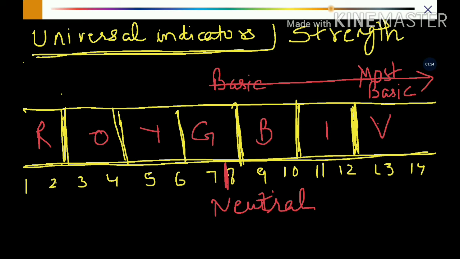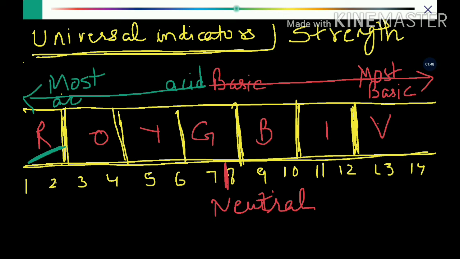Now from 7 towards the left, acidic character increases. Something which shows red or pink color with universal indicator will be most acidic. That means purple or violet color is most basic, and red or pink color is most acidic. If some compound is giving yellow color with universal indicator, it is comparatively less acidic.